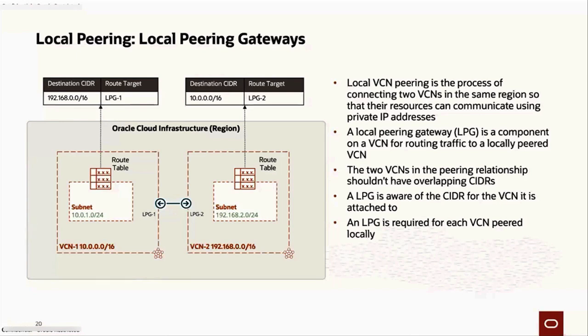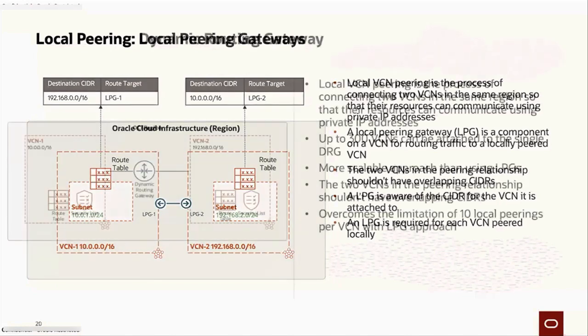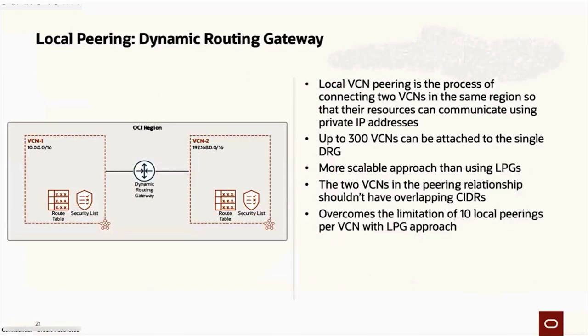Subnet route tables must have routing rules pointing to the respective local peering gateways. A specific VCN can have a maximum of 10 local peerings at a time. Another way, and the recommended approach of peering two VCNs in the same region, is using dynamic routing gateway.